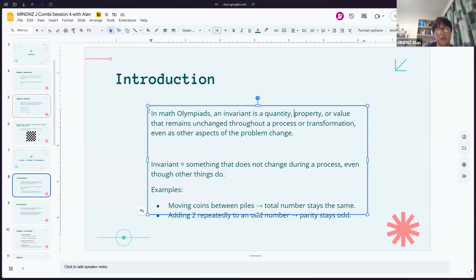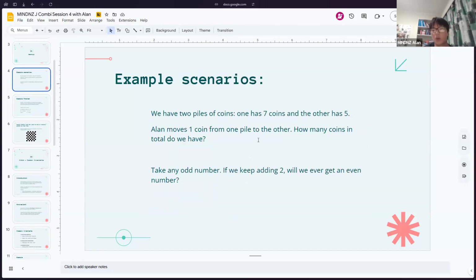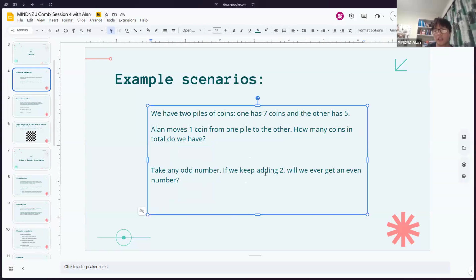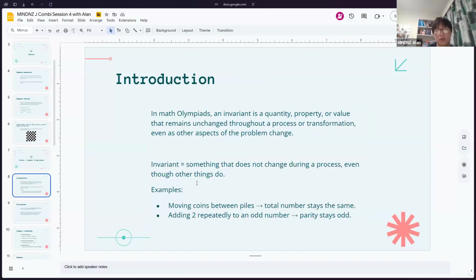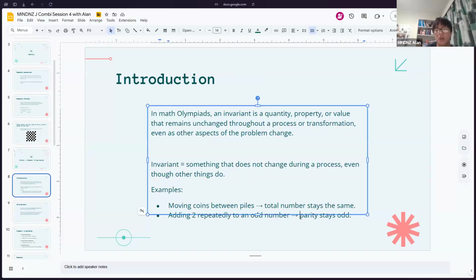So if we move coins from one pile to another, the total number of coins does not change because we don't take away any coins from these two piles and we don't add any coins from somewhere else. And if we take an odd number and keep adding some even number, we will stay odd, right? And so that does not change no matter what operation we do, no matter the number of operations we do. And that's called parity, because parity is odd or evenness.